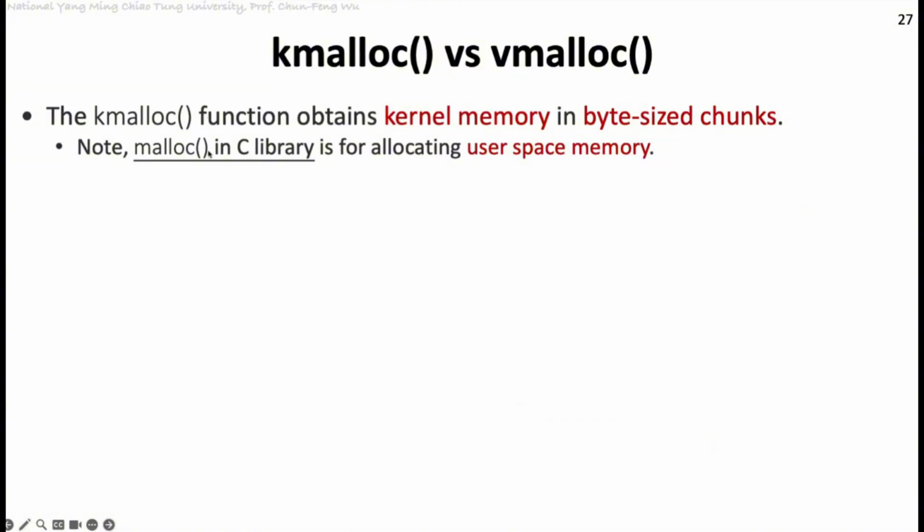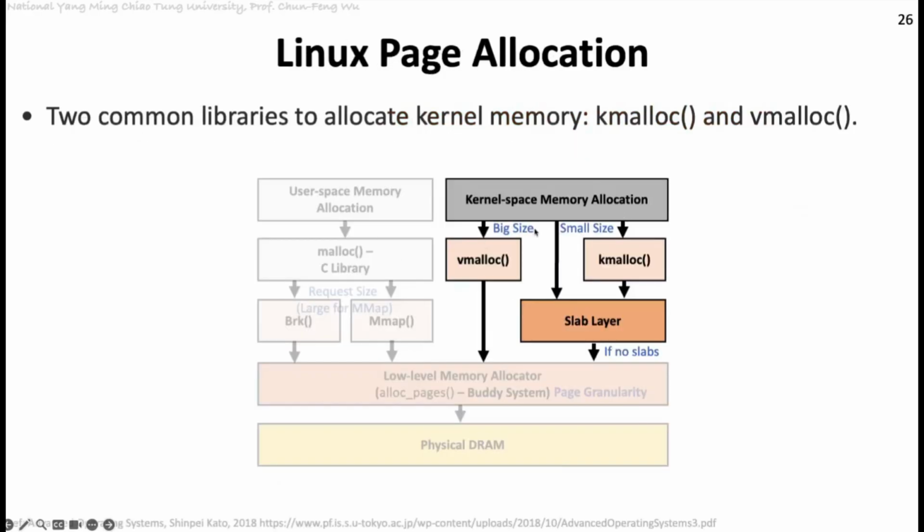Just a note to let you know, as you already saw in this figure, what you usually see is memory allocation on the user side. So when you are writing a kernel function or a kernel driver, there's no such memory allocation function there. You need to use either this one or this one.